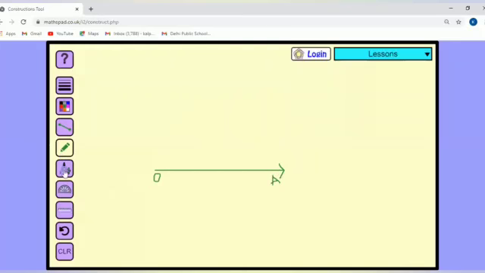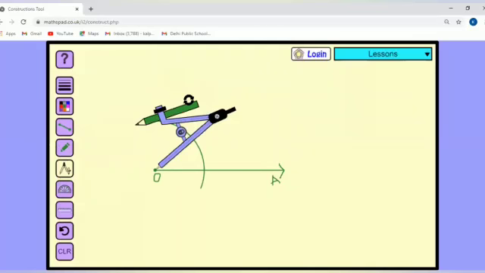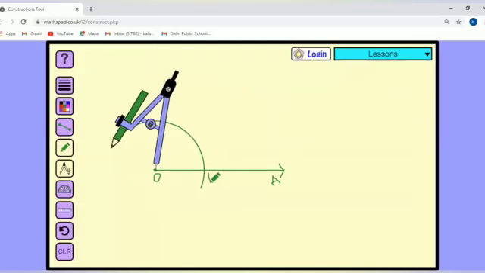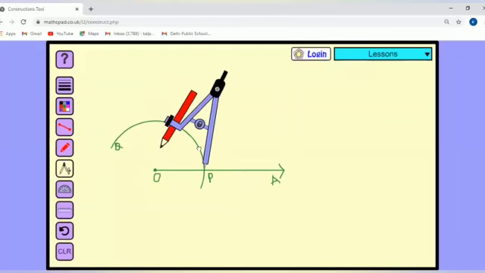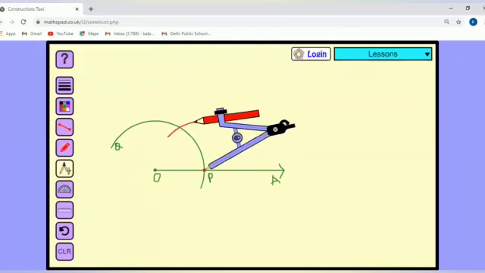Now taking O as center, draw an arc PQ. Taking P as center, cut the arc PQ. So you got your 60 degrees.